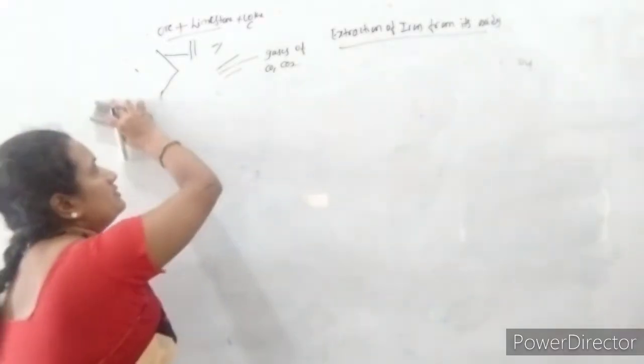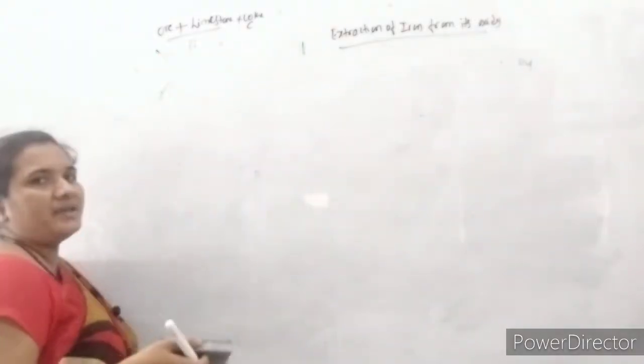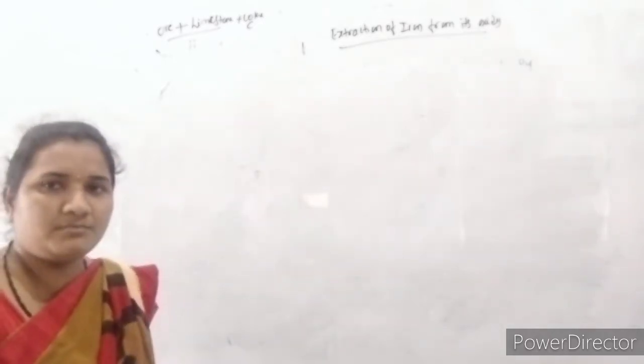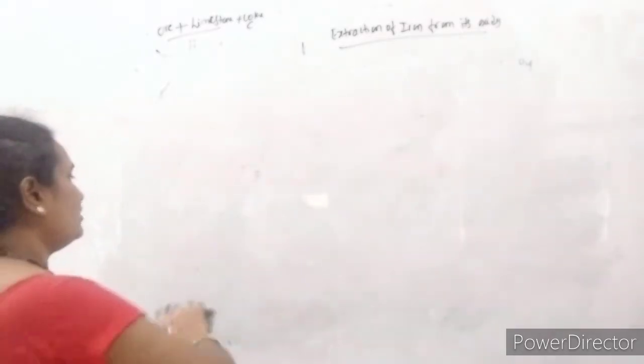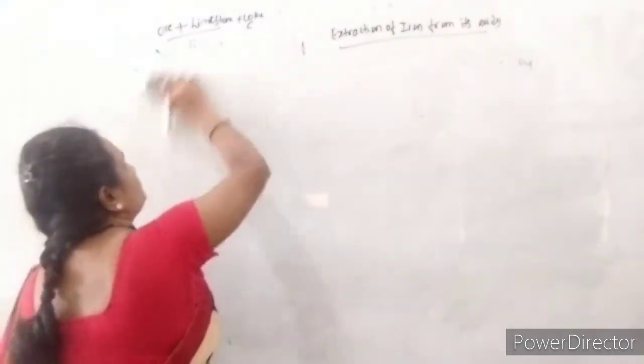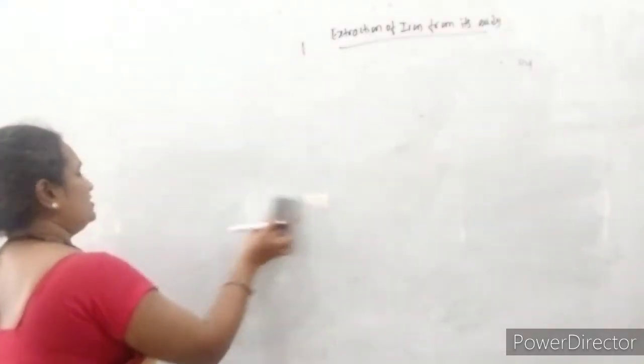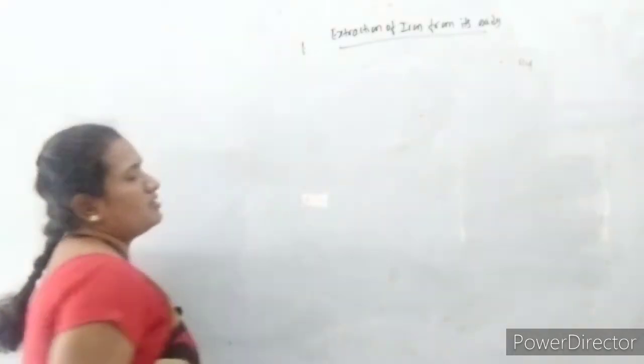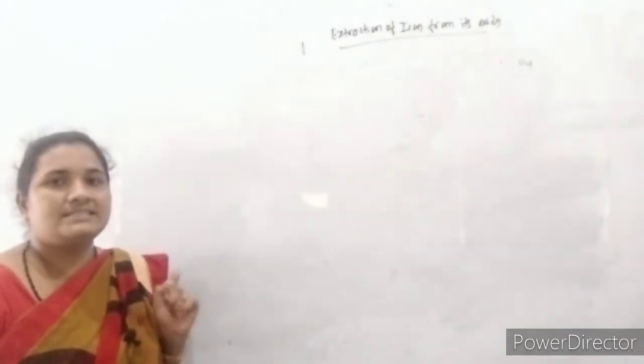It is removed in the form of slag by forming CaSiO3, which is calcium silicate. You have to remember all of this: calcium silicate is the slag, calcium oxide is the flux, and the impurity is silica.